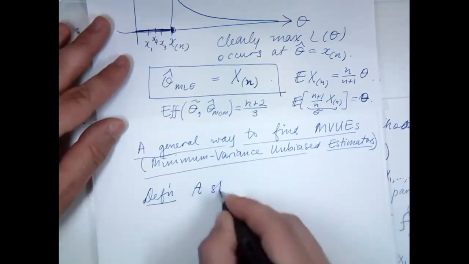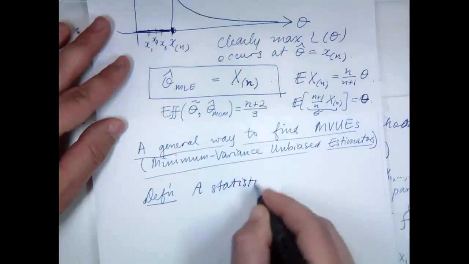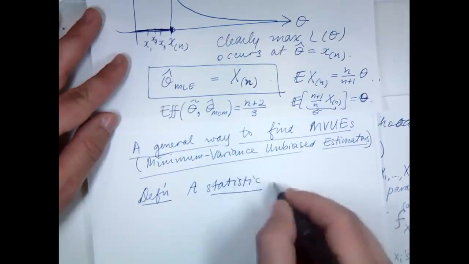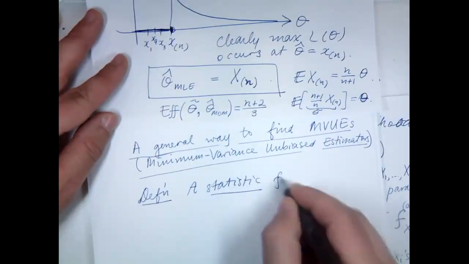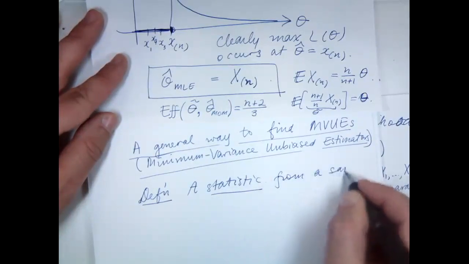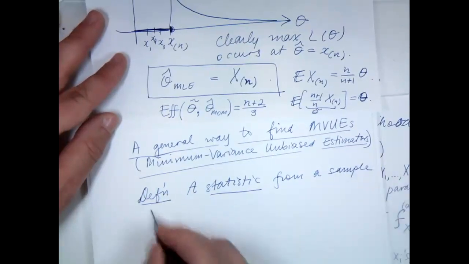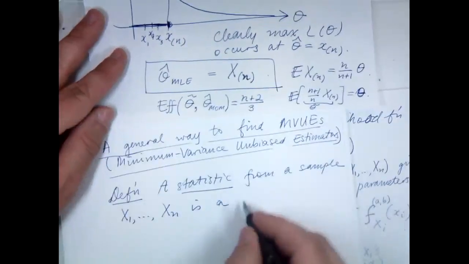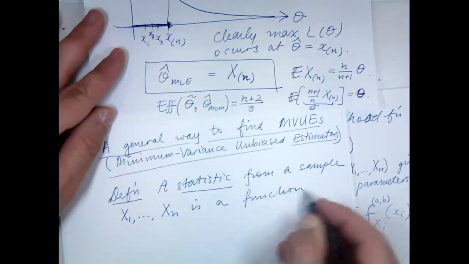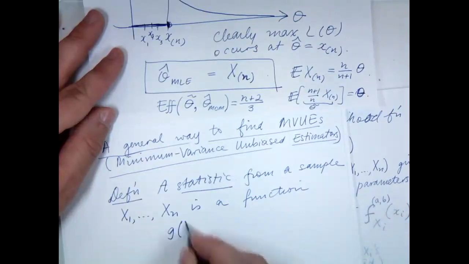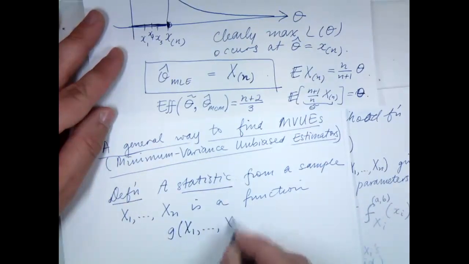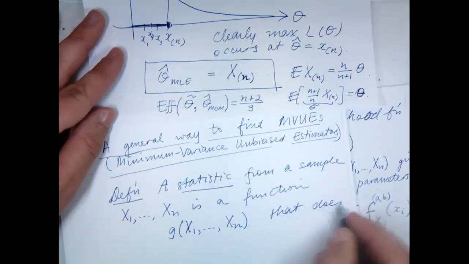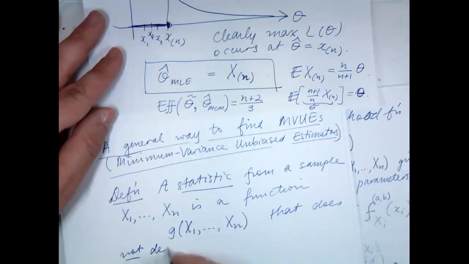So, probably reiterating, a statistic from a sample, and it doesn't really have to be IID, but we'll focus on the IID case, x1 up to xn, is a function g of the observations. Any function of the observations can be called a statistic so long as it does not depend on any unknown parameters.